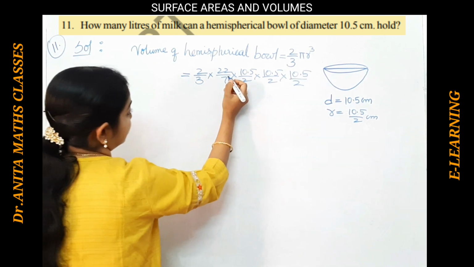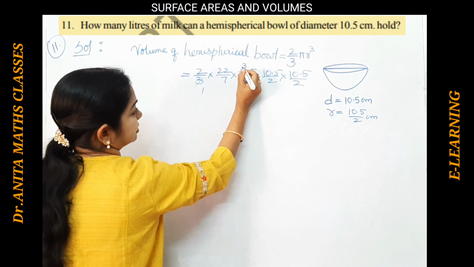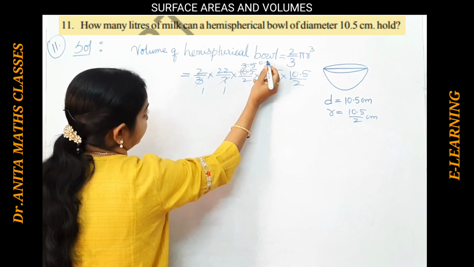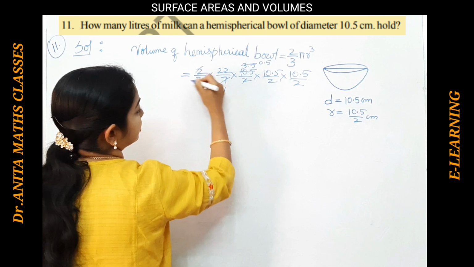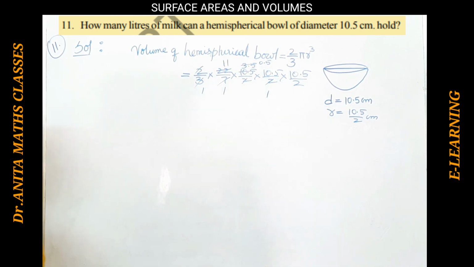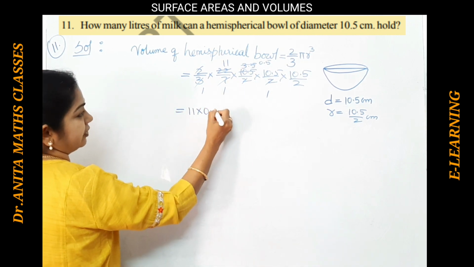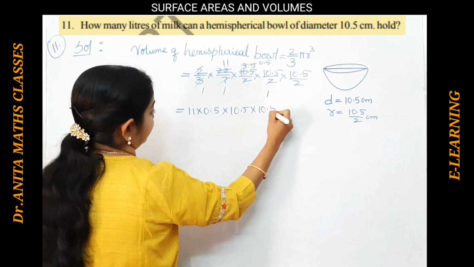Now we will cancel here. 3 ones, 3 thrice. 7 ones, 7 fives, 35. Here 2 goes off, 2 ones, 2 elevens. That's it. So 11 into 0.5 into 10.5 into 10.5.